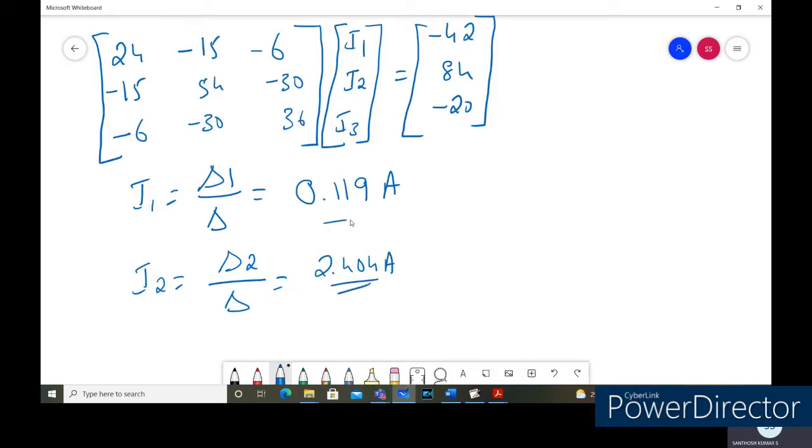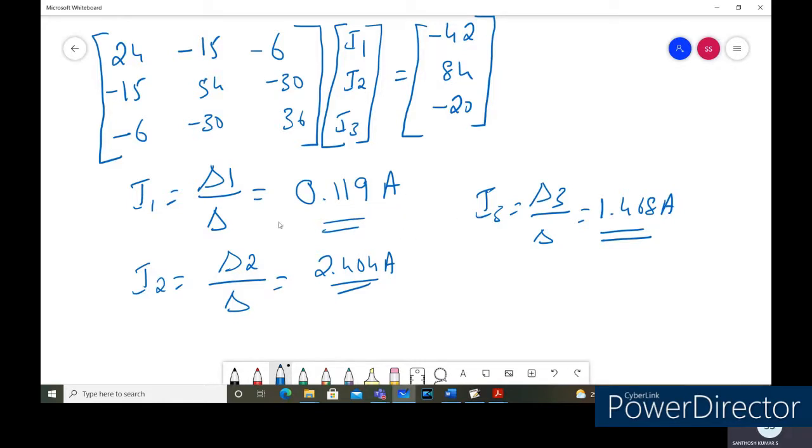Similarly, I3 is delta 3 divided by delta, where delta 3 is obtained by replacing the last column elements with the corresponding elements. That value is 1.468 amperes. So these are the different mesh currents we obtain using mesh current analysis.